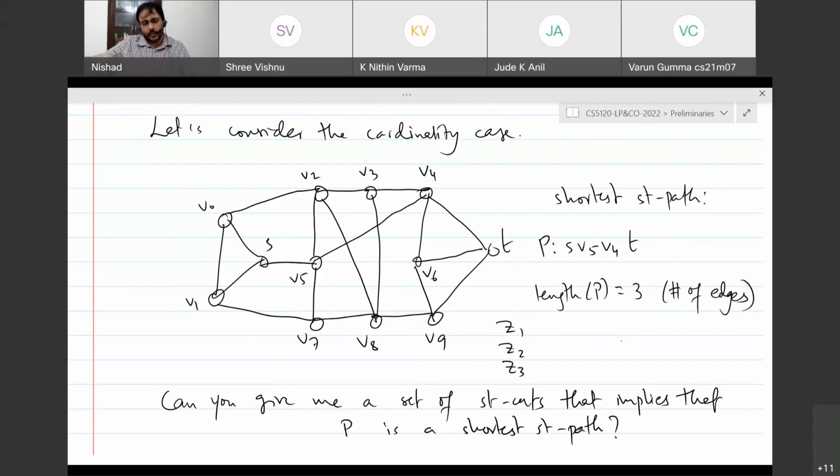Any ideas on how you would do this? Or any ideas on what properties Z1, Z2, and Z3 should satisfy?